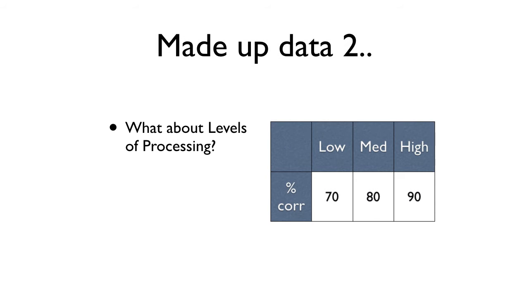Now, let's say you tried to do something else. You thought it was the levels of processing. Those of you who have taken memory with me or are taking it with me know about levels of processing. It's the idea that we have different levels of how deep we process items when we remember them. Starting at a low level, which is just what something looks like, just a pattern, let's say it's words again.